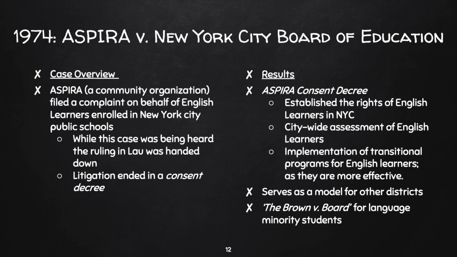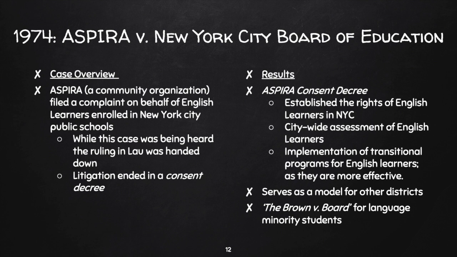They were representing all English learners, but Aspira was predominantly working with Puerto Rican students who were native Spanish speakers, and that's where the English learner population was heavily concentrated.